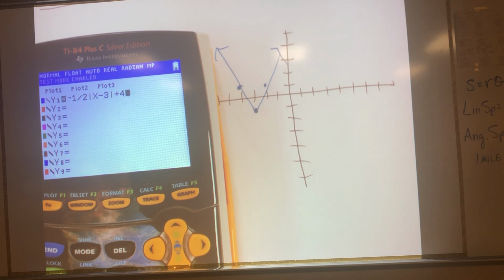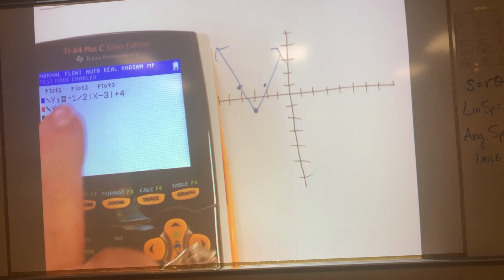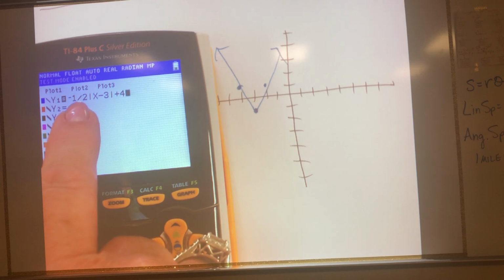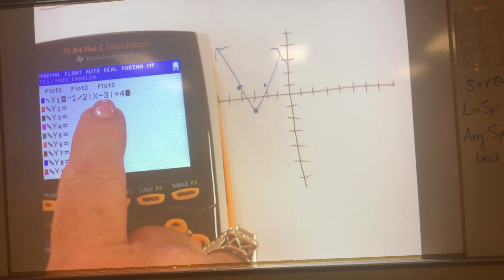Okay, so I'm just going to go through and talk about everything first. What does this minus sign do? Yeah, makes them up and down. What is this 1/2? That's a slope. That's my slope. So now my V is going to be what? Wider.